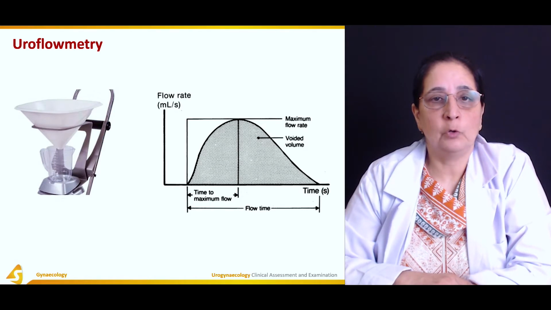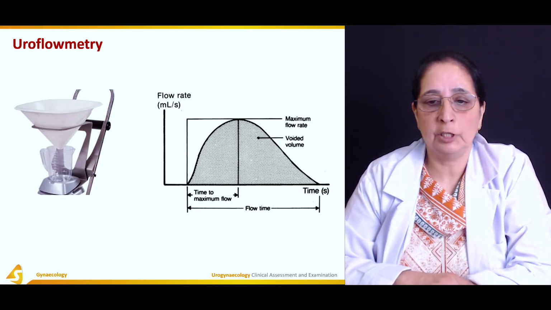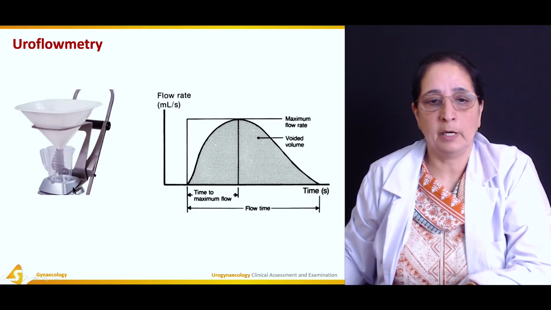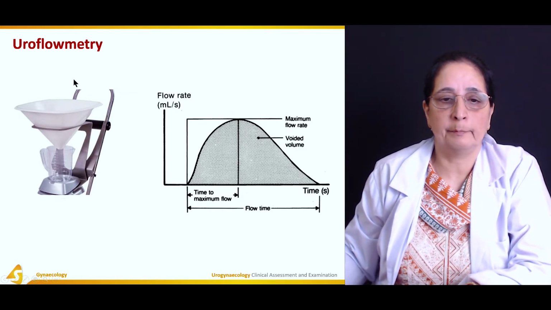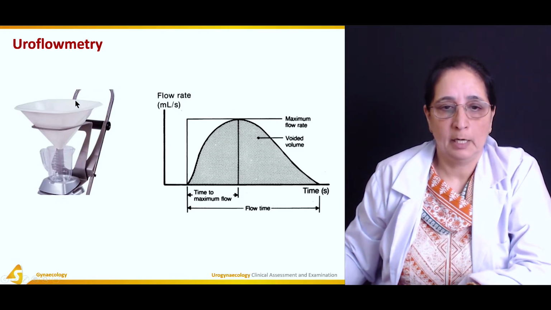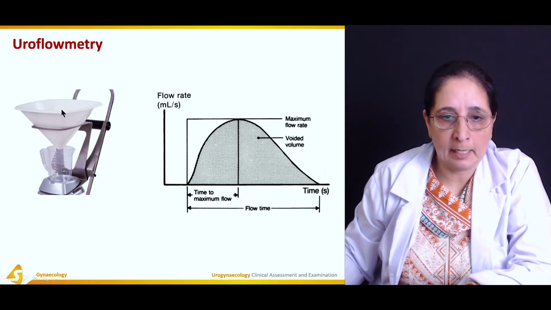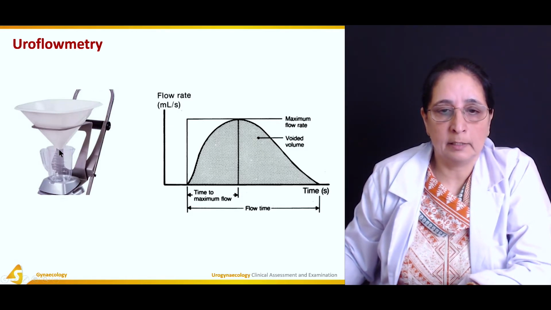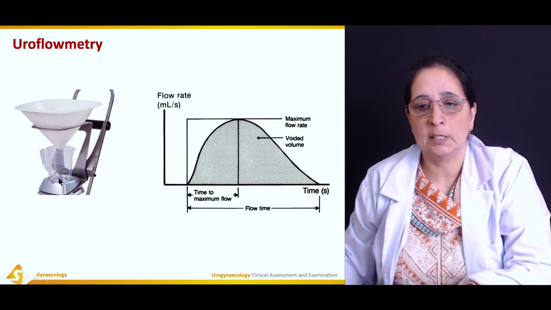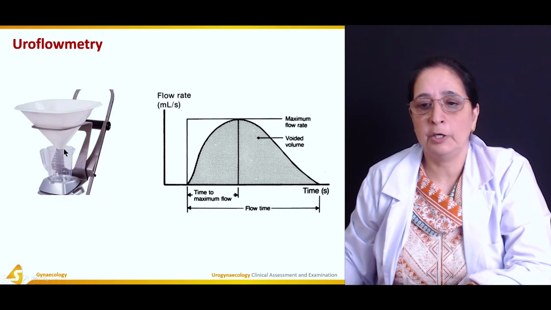Then we have uroflowmetry, in which the patient micturates or urinates in a funnel-shaped equipment, and then it is measured how much the urine is, what was the frequency and volume of the urine.